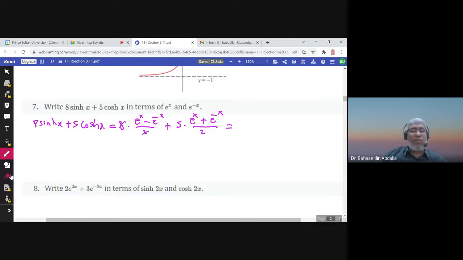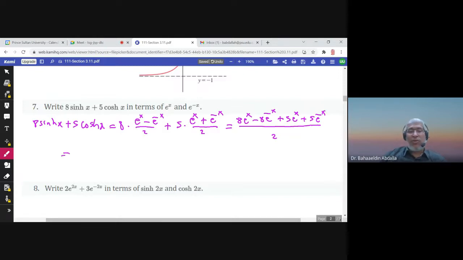Or let me keep the 2 without dividing 8 over 2. Let me multiply. So I have 8 times e^x minus 8 times e^(negative x). I'm multiplying because I have the same denominator, so I can just write both fractions over 2, and here 5e^x plus 5e^(negative x).